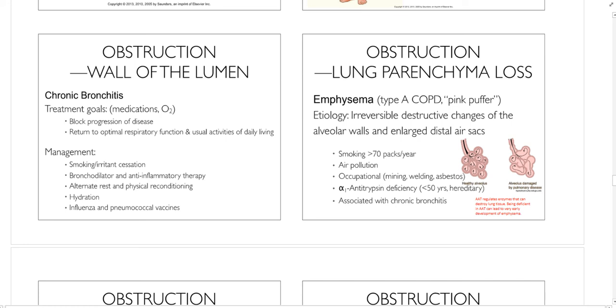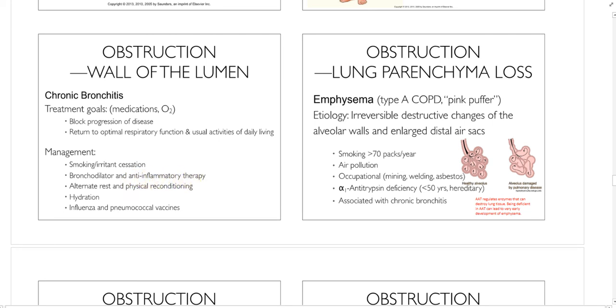We want to really push them to give up smoking or being around whatever irritants may get into the lungs. We're going to educate them on bronchodilator use like albuterol or Atrovent, which we'll get into, and maybe steroids or some other anti-inflammatory therapy.